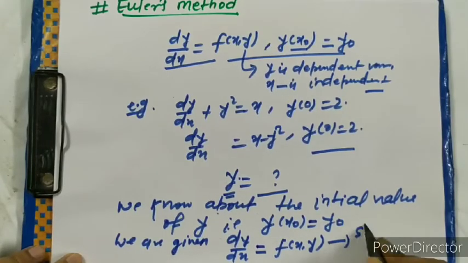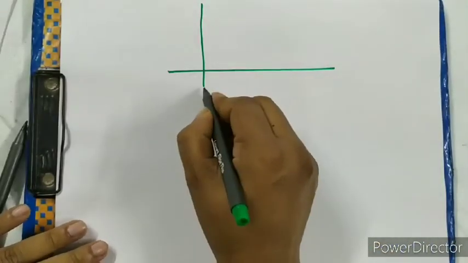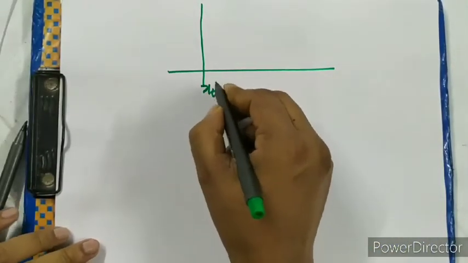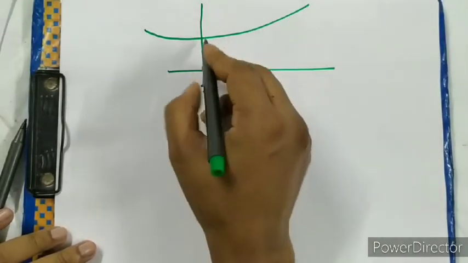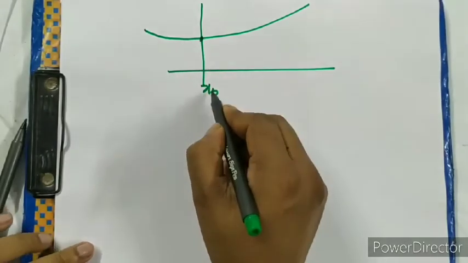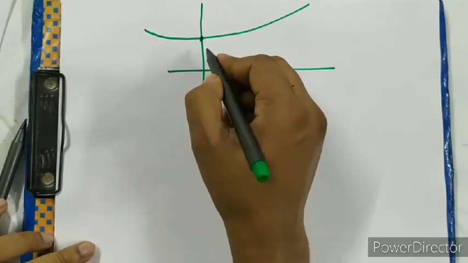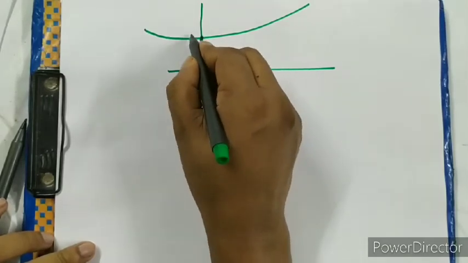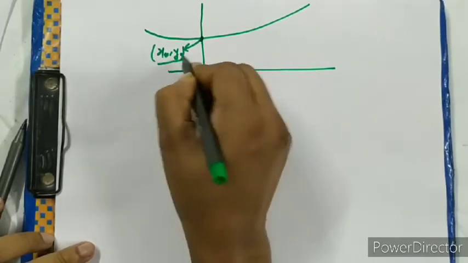that means the slope of y at any point (x,y). Is it clear? Suppose we have given x0, and the only thing we know about the function which we have to calculate is that the initial value is given. That means this is y0, what is this, (x0, y0).